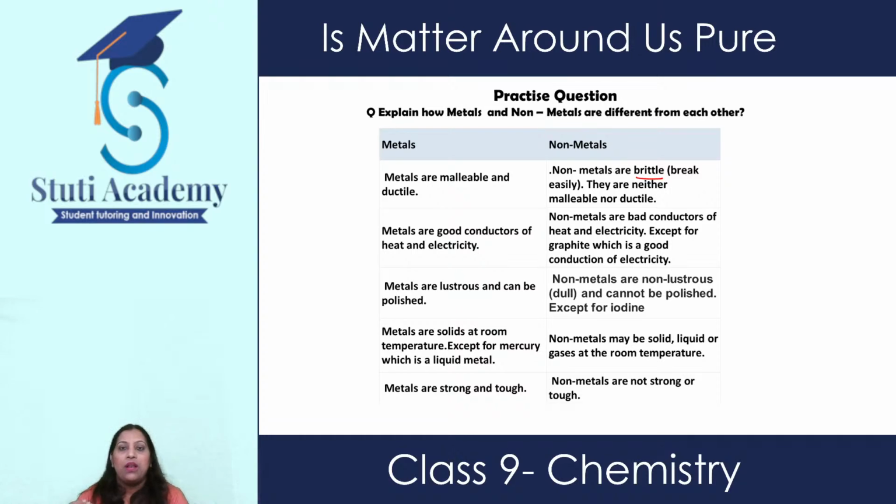For example, we use copper utensils, aluminium. If we use them continuously, they lose their shine. And when you go to the market, there are people who polish them. They deposit a layer of that metal over it. Again, it regains its shiny appearance. So metals are lustrous and can be polished.